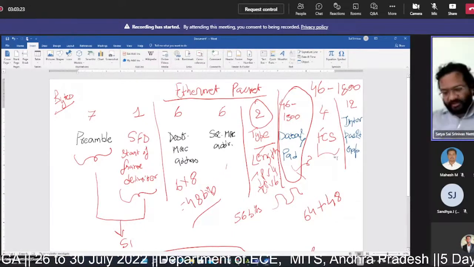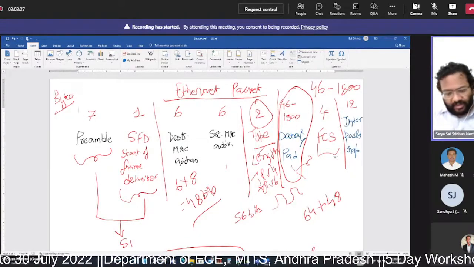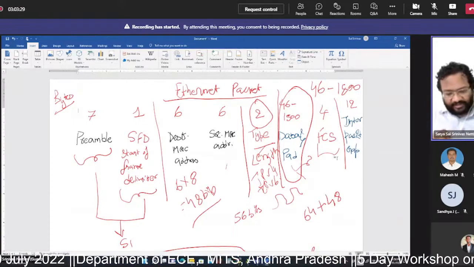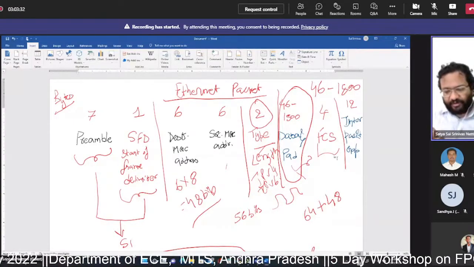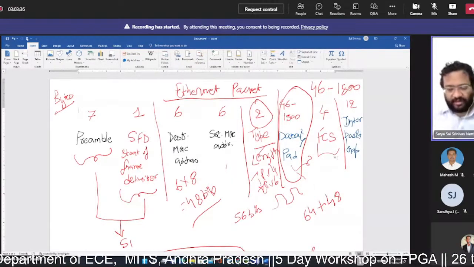For the frame check sequence, the main significance is that it defines a way for the nodes to find out whether frame bits were changed while crossing an Ethernet link.